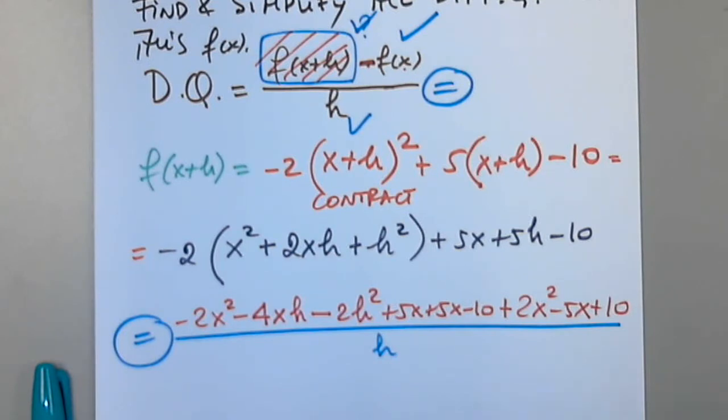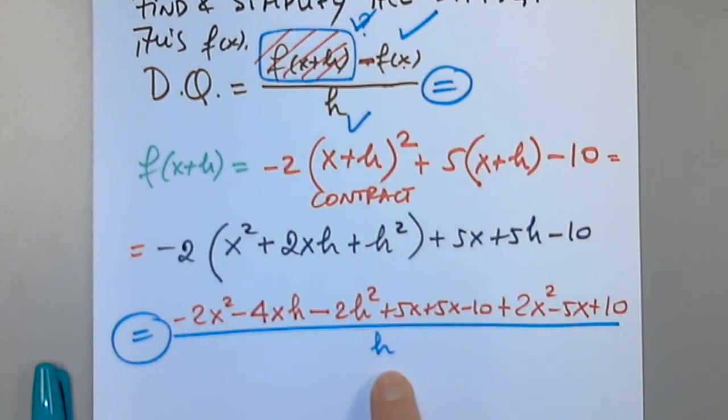Number one, at the top, all terms without h must cancel out. They must disappear. Some of the terms with h may disappear, I don't care. But those without h must go away. Second thing that has to happen, this h in the denominator must go away somehow. We'll see how in a minute.